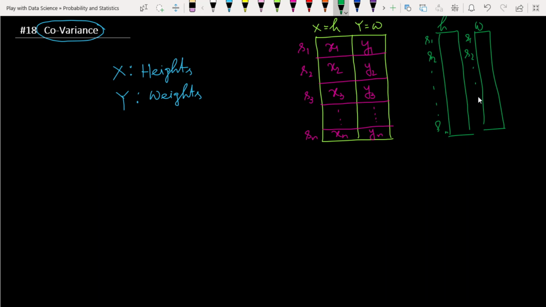I'm not doing these jobs. I am taking one student, and for this one student I find what is its height and what is its weight. I am doing these two jobs in parallel and building this data set.